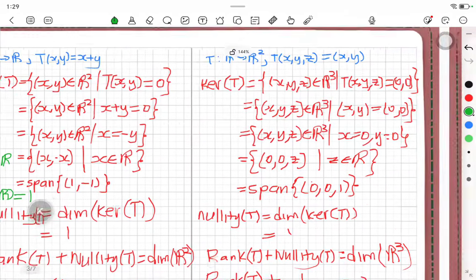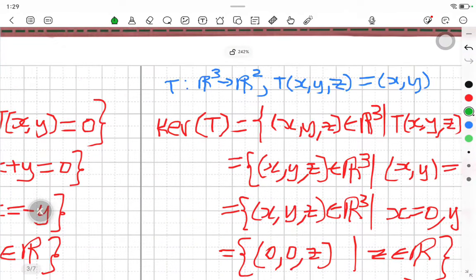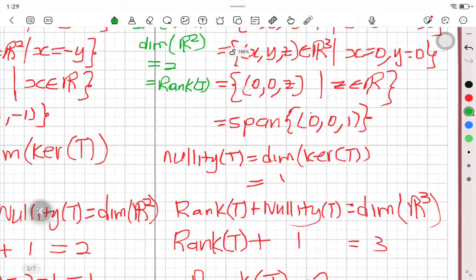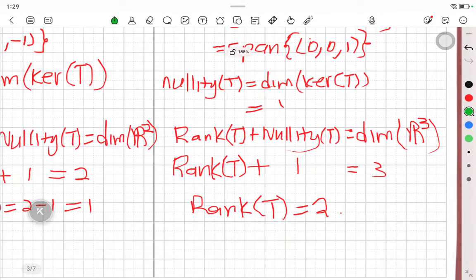If we use the same approach to find the rank here, we would say that the image of T is equal to R squared, which means that the dimension of R squared is equal to 2, and this is the rank. Meaning, if we check the rank here, we found 2.